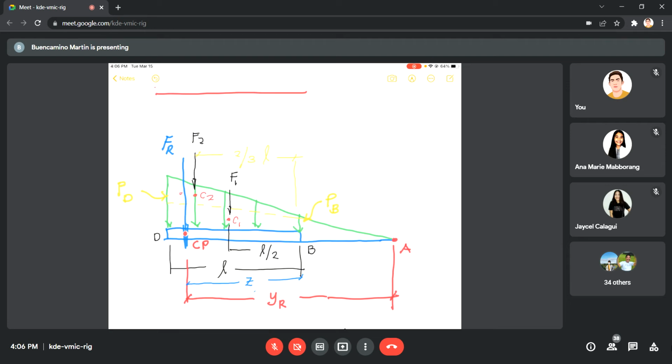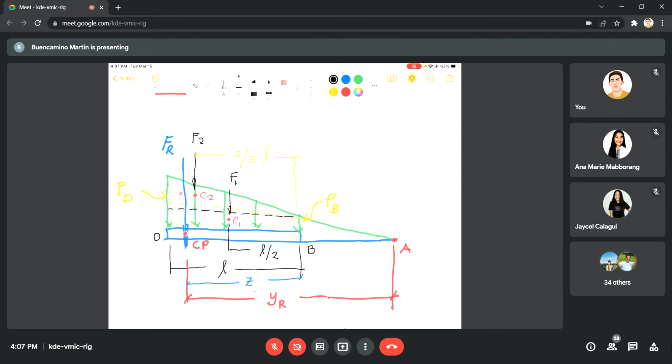So kung i-simplify natin yung trapezoidal na yan, gagawin natin dalawang geometric figure para ma-simplify natin yung solution natin. Ibig sabihin, class, if I'm going to separate these two, yung black line na yan, broken line.